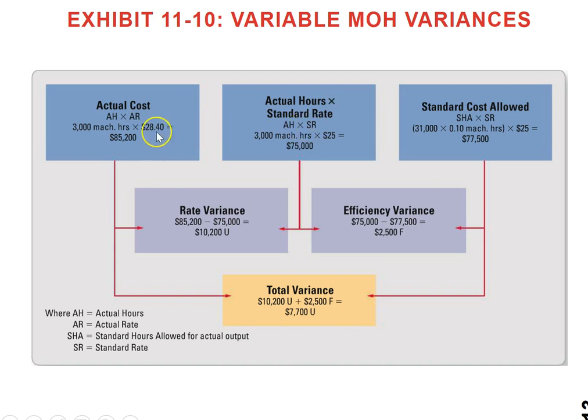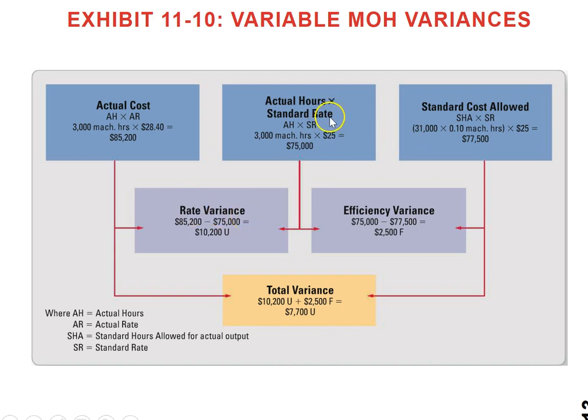So the main difference between box 1 and box 2 is the rate. It could be the labor hour or the machine hour rate. In box 1 it's the actual rate, and in box 2 it's the standard rate. So the difference between these first 2 boxes is known as the rate variance.